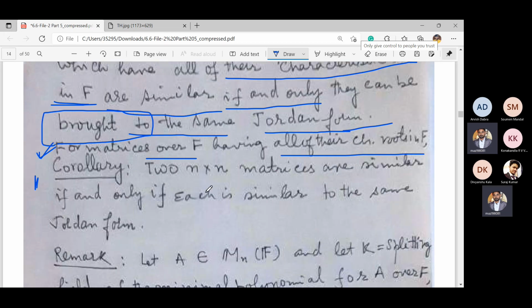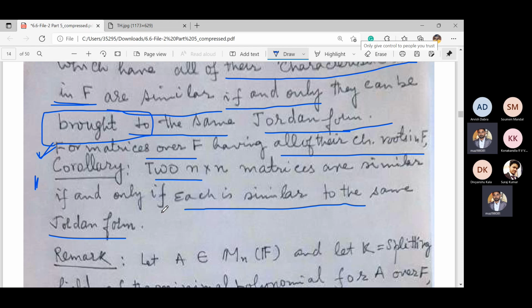And another corollary is that two n cross n matrices are similar if and only if each is similar to the same Jordan form. Again the same thing: first we talk about linear operators, and for matrices we get the same result, because we know matrices imply linear transformations and linear transformations imply matrices.